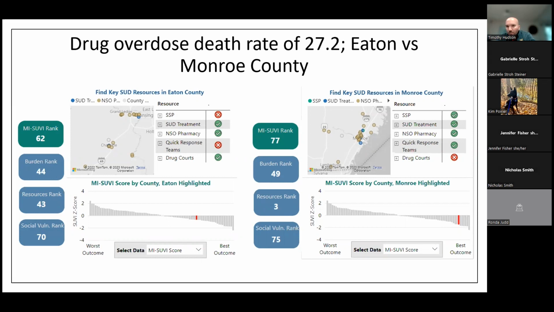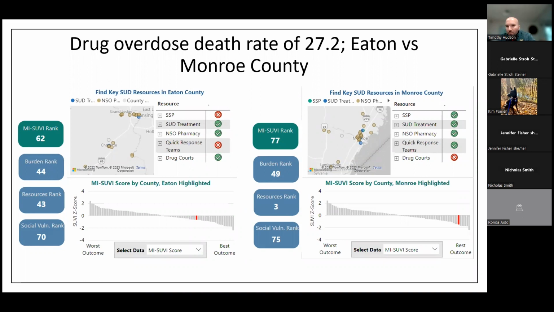So Eaton and Monroe actually have approximately the same drug overdose death rate. But this page is highlighting some differences between the two counties that would be important to consider when you're implementing programs there, ways that they differ that you wouldn't be able to determine just looking at the drug overdose death rate.